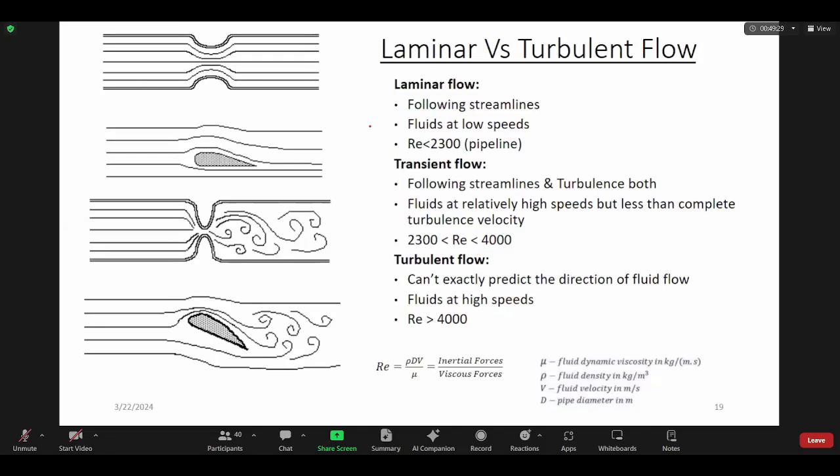In this slide, we will discuss laminar versus turbulent flow. What is laminar flow? Laminar flow means when I consider a pipeline, I consider fluid going through this line.